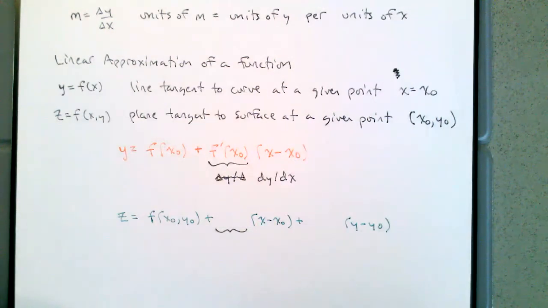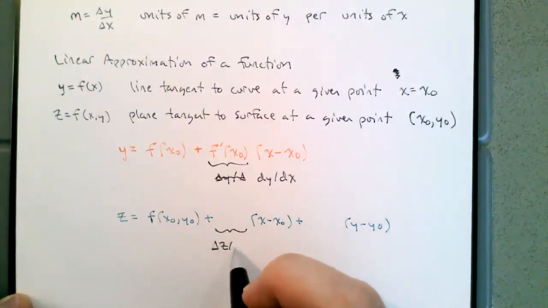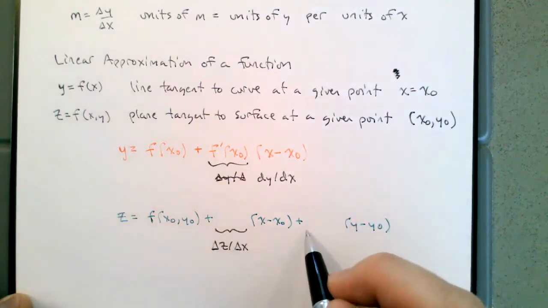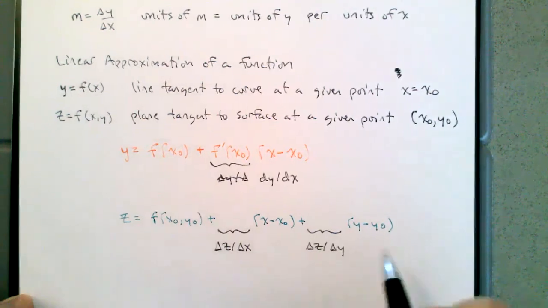The coefficient of x is going to be how z is changing with respect to x. And the coefficient of y will be how z is changing with respect to y.